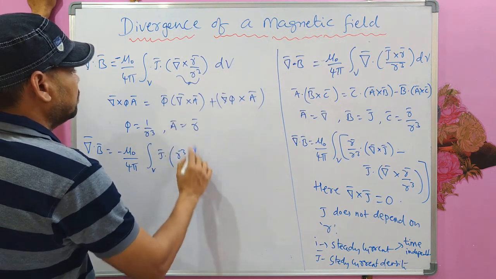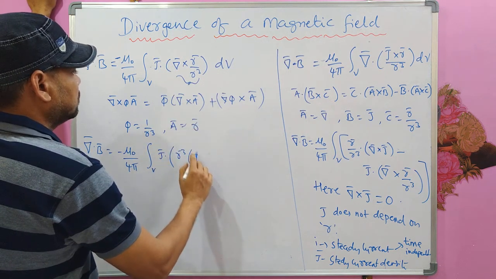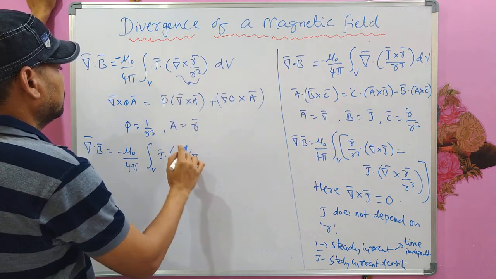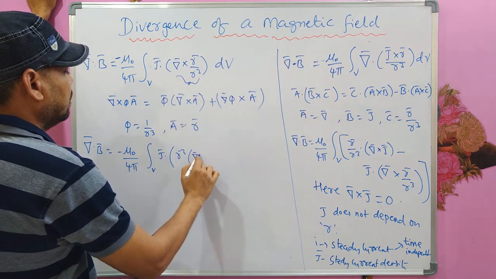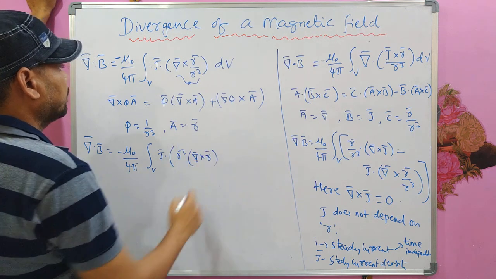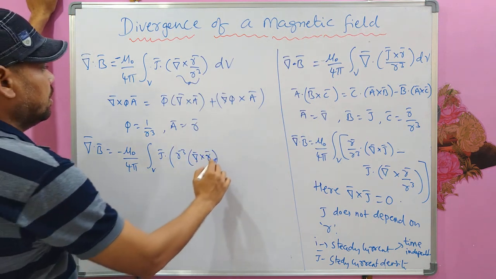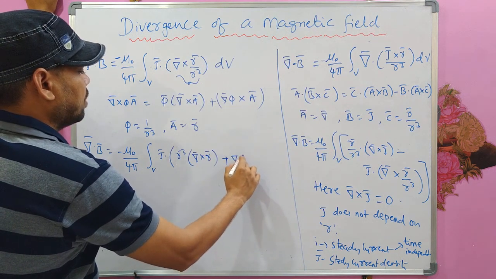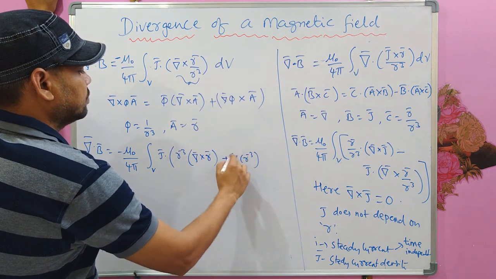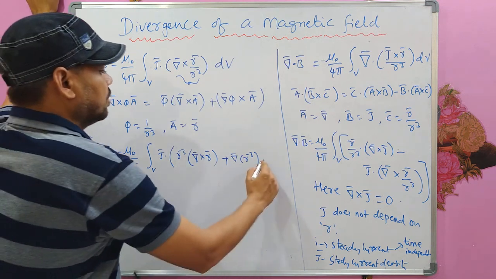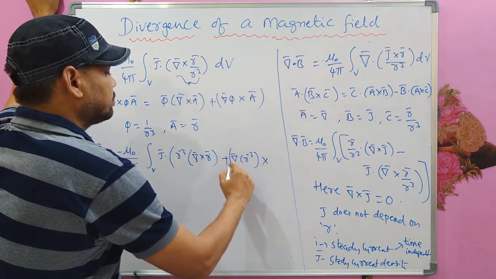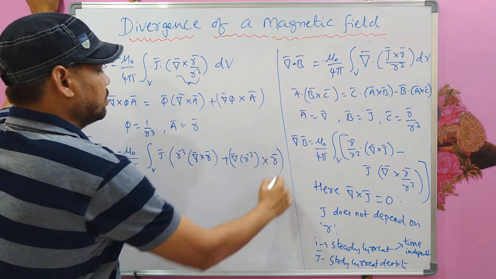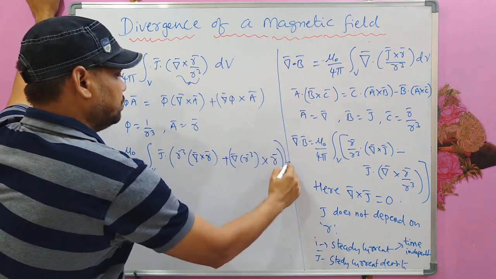Del cross A is del cross R, and plus del bar R power minus 3 gradient cross, A bar is R bar, into dV.